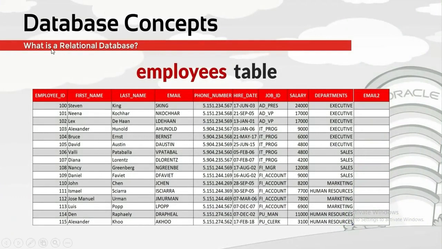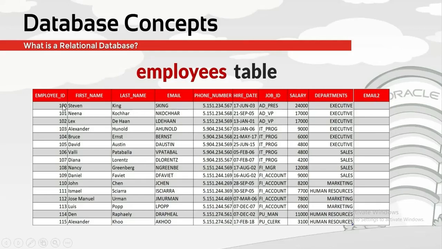So this is an example of a relational database table. What is a relational database? This is an example of an employees table. You can see employee ID, first name, last name, email, phone number, hire date, job ID, salary, and department. These are called data and these are called column names.